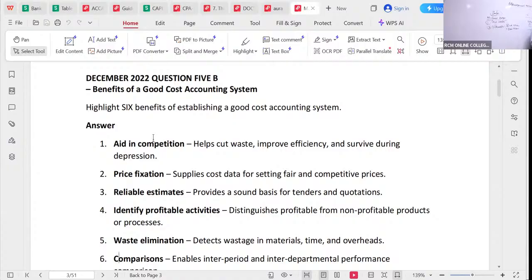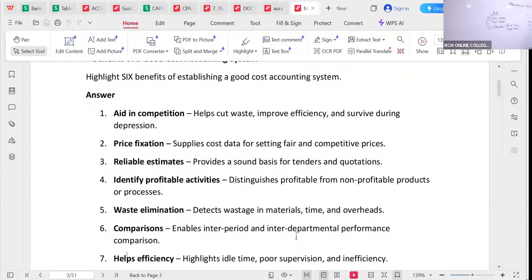So reliable estimates provide a sound basis for tenders and quotations, identify profitable activities, and distinguish profitable from non-profitable products. Waste elimination detects wastage in materials, time and overheads.